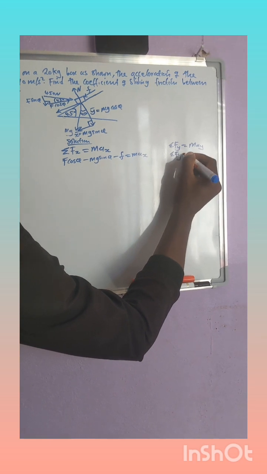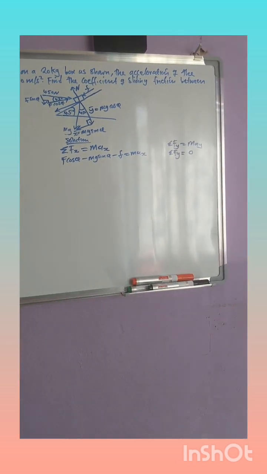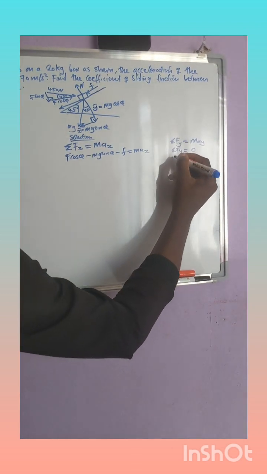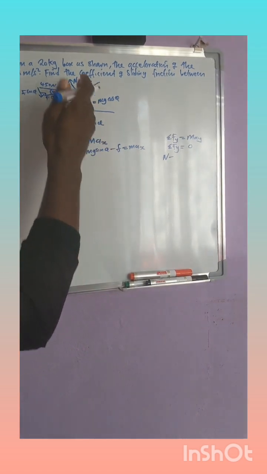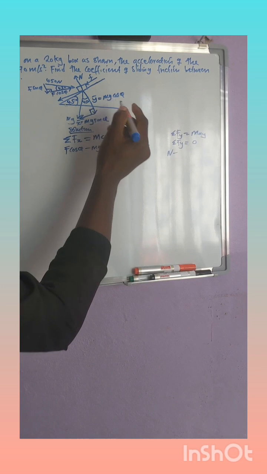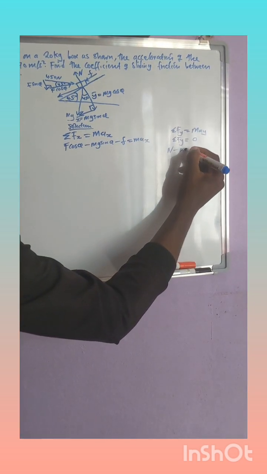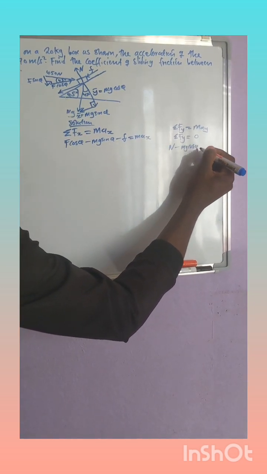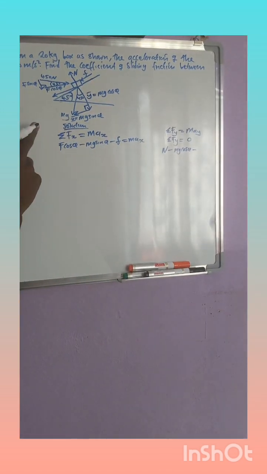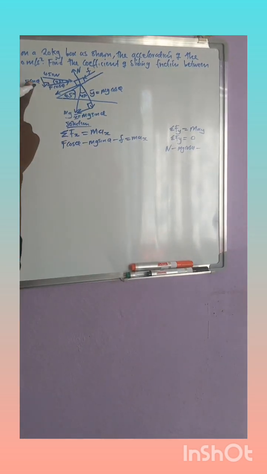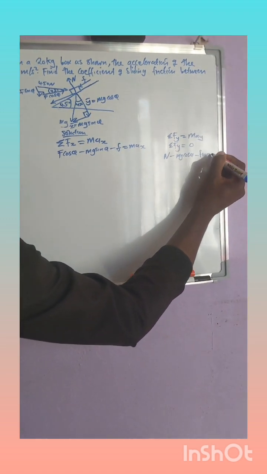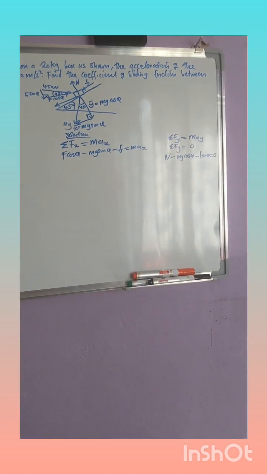We have one positive force, which is the normal force N, minus, we have two forces acting downwards, which is the mg cos theta and the F sin theta, which is equal to 0.